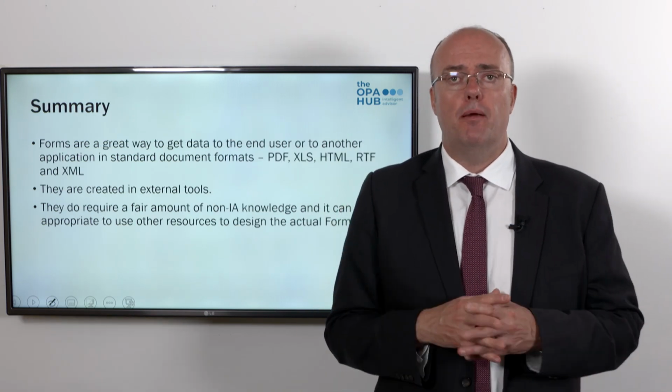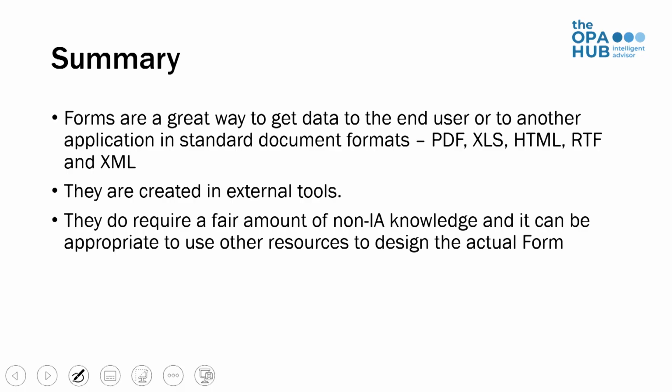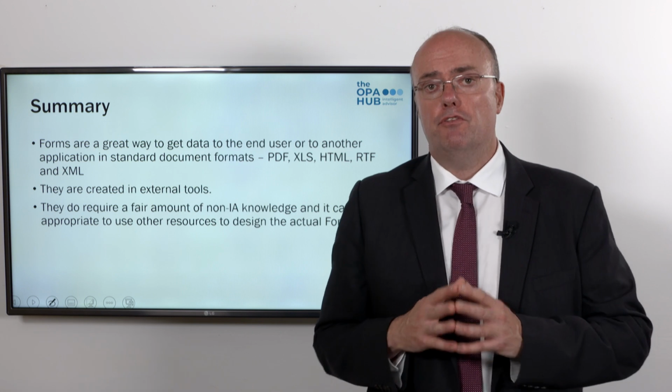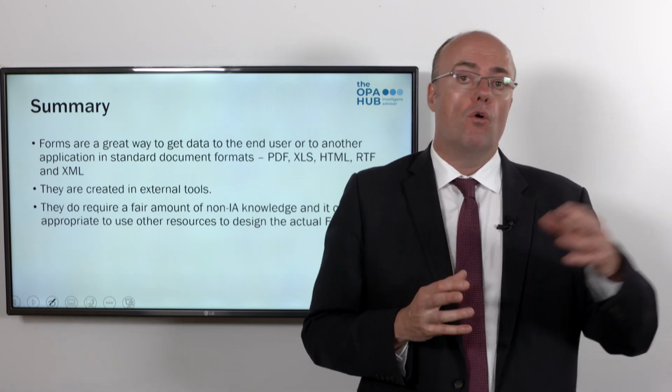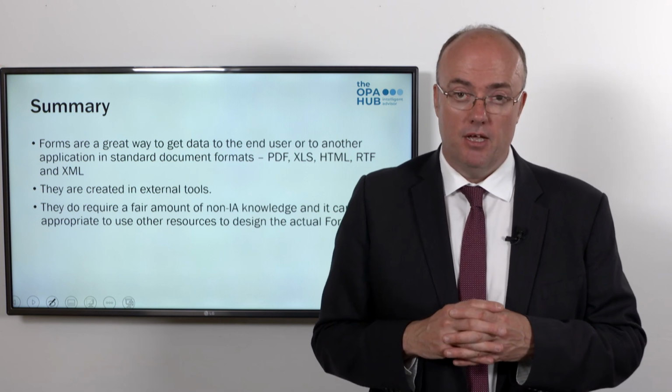What do I want you to remember? I want you to remember really three things. One, this is about generating a document of some kind. PDF is the most common, but you can actually also switch it to XLS, XLSX, HTML, XML, or RTF. The creation of the form is done in an external tool, typically Microsoft Word if you're using RTF, or some PDF editor if not.